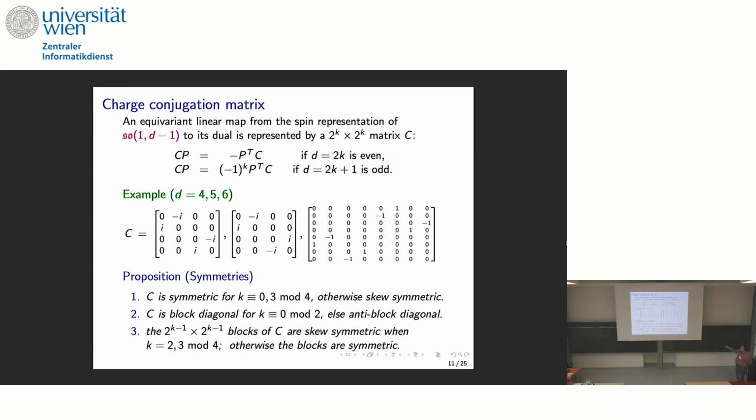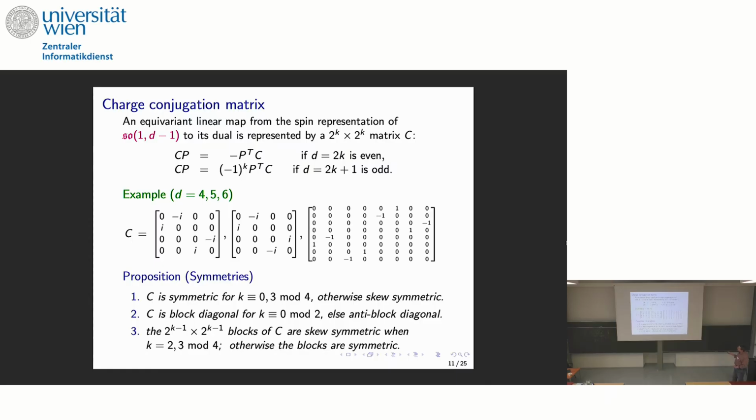I've told you what the spin representation of this Lie algebra is. Well, the charge conjugation matrix describes an equivariant linear map from this representation to its dual representation. Now, this is a representation of dimension 2 to the k. The dual has dimension 2 to the k. And this matrix C satisfies the following properties.